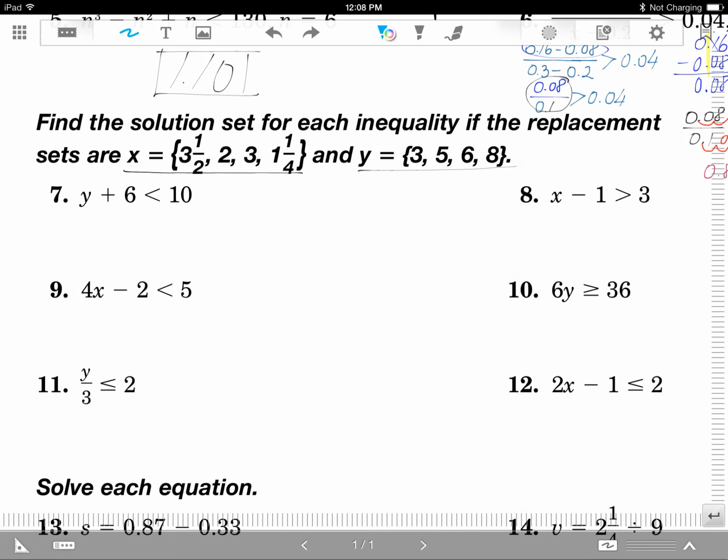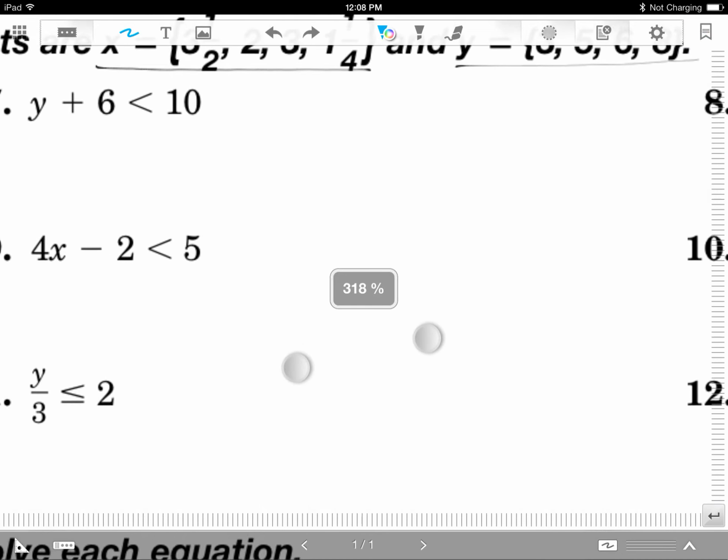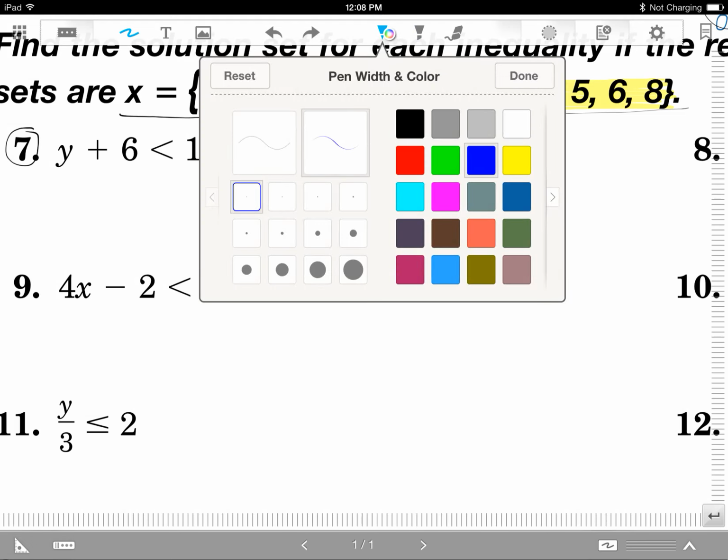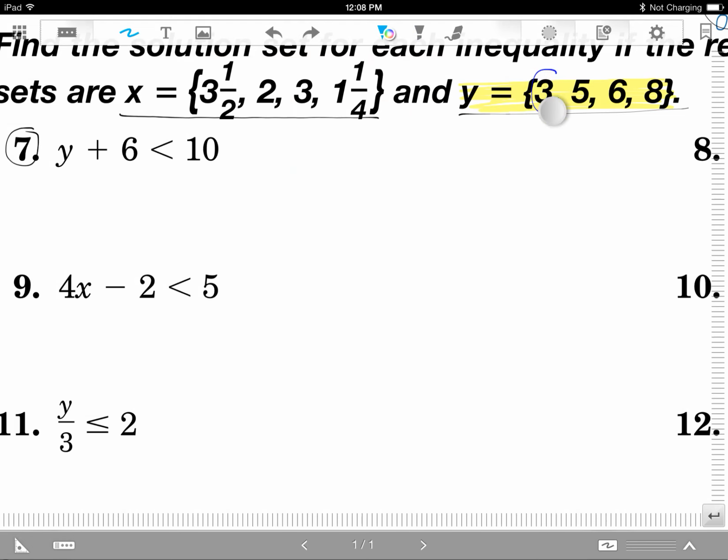Great. Let's do number 7. Number 7 says y plus 6 less than 10. And because we're dealing with y, your y is right here. These are the values of your y that you have to plug in. And what you're going to do to solve a problem like this will be to take one value at a time. One at a time. Let's start with 3.